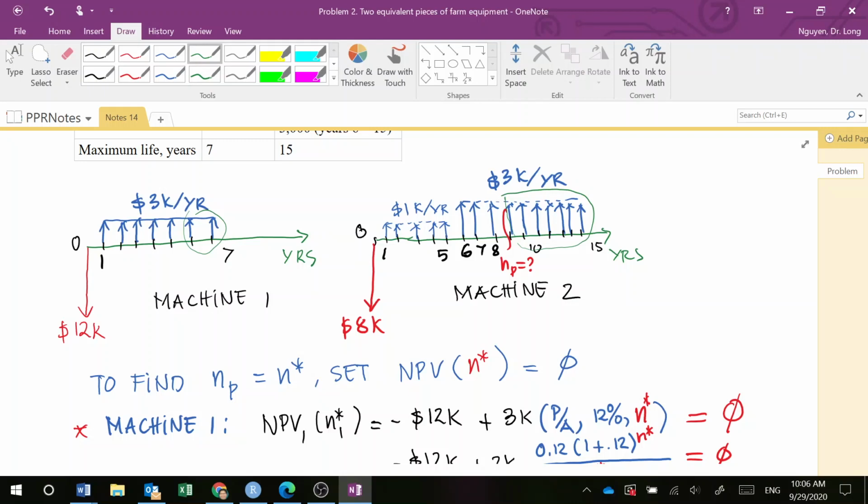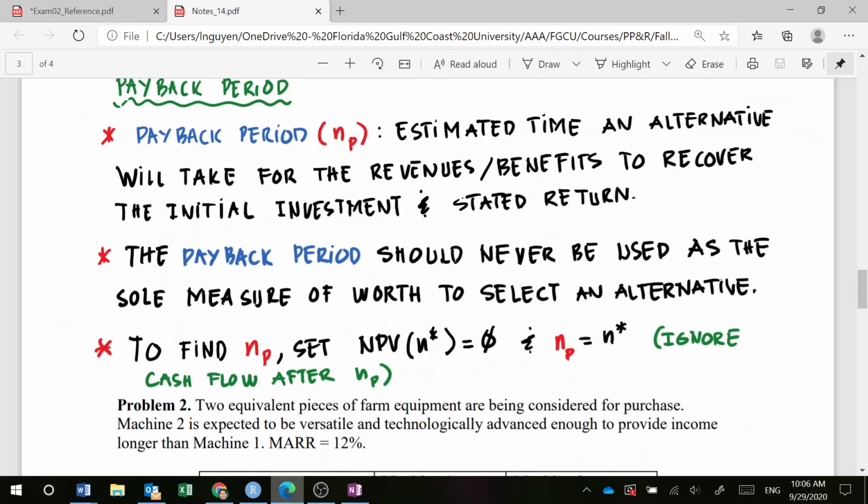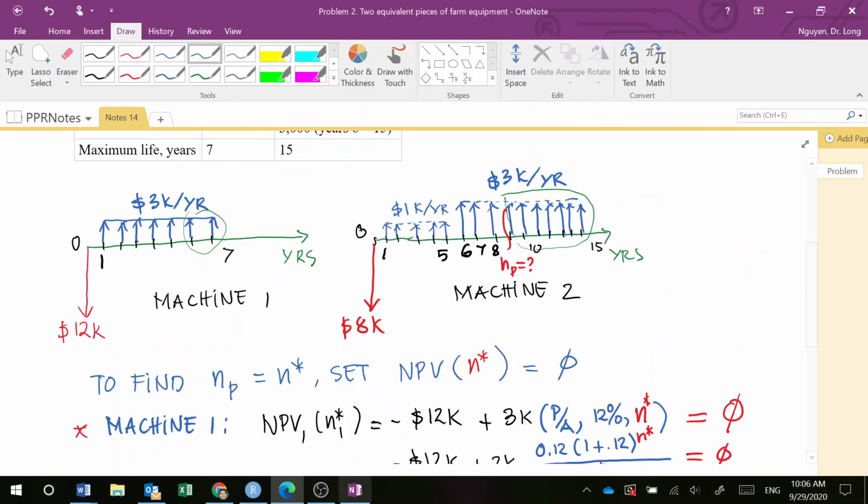For that reason, as you can see, this method ignores the cash flow after the payback period, as they write down there here in the note. Ignoring the cash flow after the payback period is the problem, because here if we choose machine 1, we ignore the more benefit after the payback period for machine 2. So that's why normally payback period should not be used as the sole measure of worth to evaluate alternatives.